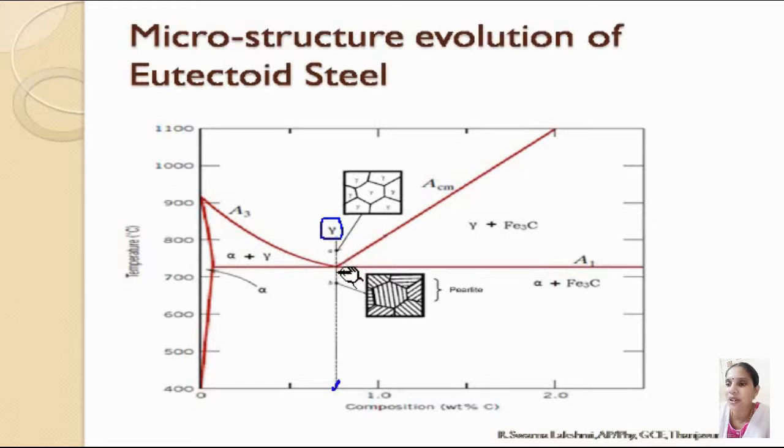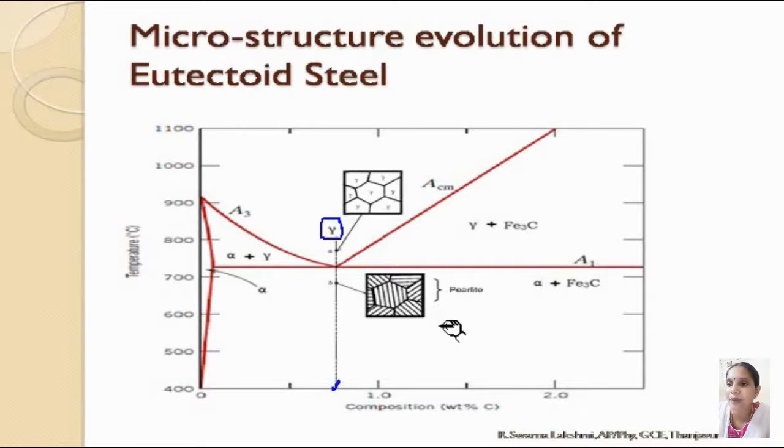When austenite, particularly 0.8 weight % austenite, that is eutectoid steel, is cooled below the eutectoid point, then, as we pointed out earlier, pearlite forms, that is a lamellar structure of alternate plates where the dark regions denote alpha, while the white regions denote cementite.